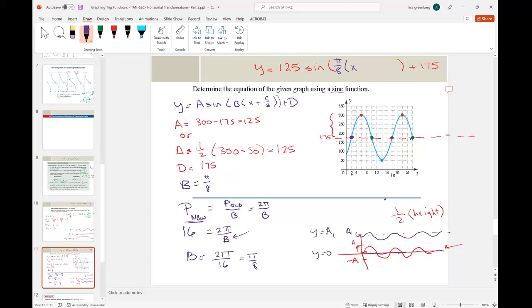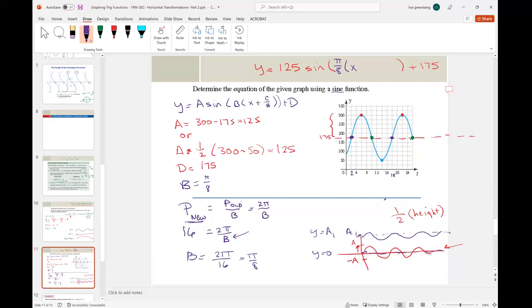Where is it at x equals 0? One of them starts at 0, 0, and one of them starts at 0, 1, for sine and cosine. Sine normally starts at 0, 0.